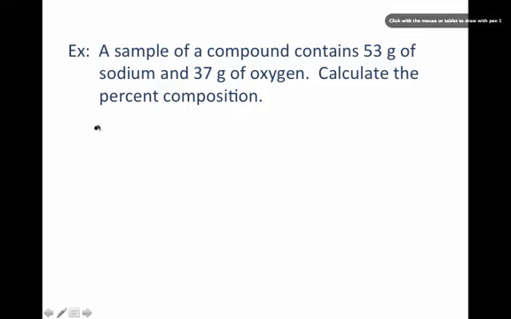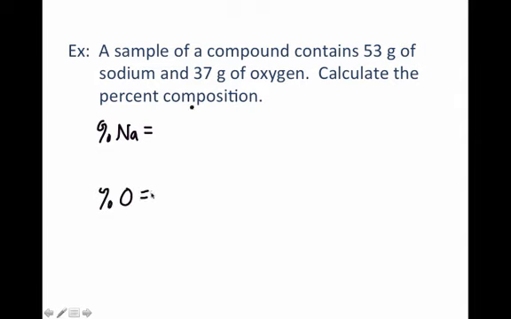Well, in this problem, it says that we have sodium, so we'll do percent sodium, and then it says we also have oxygen, so we'll do the percent oxygen, and again it's going to be part over whole times 100.